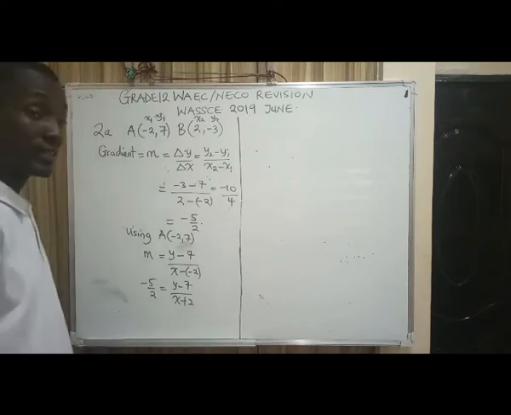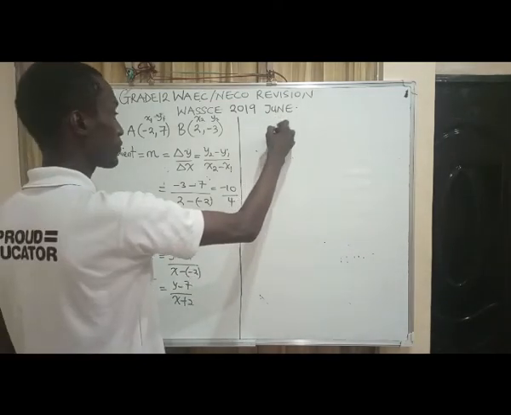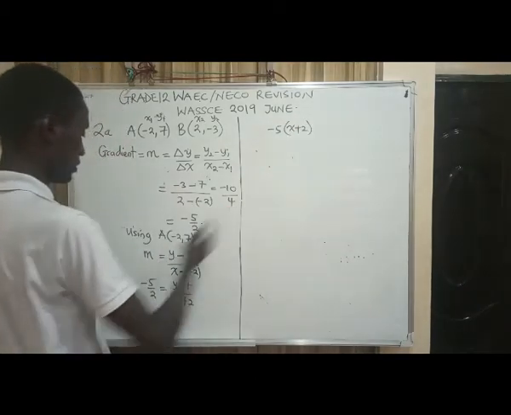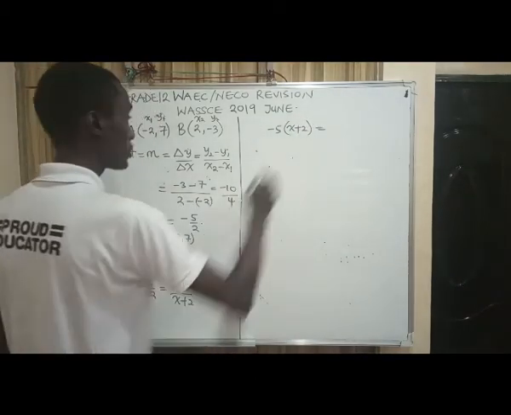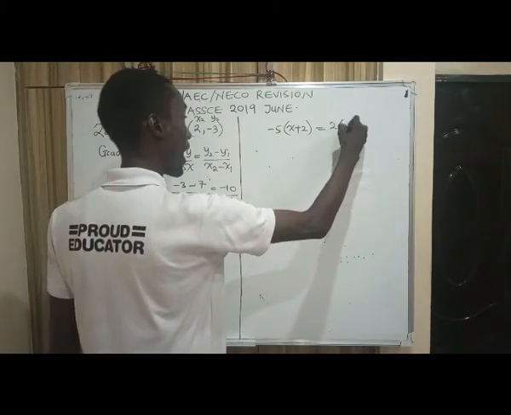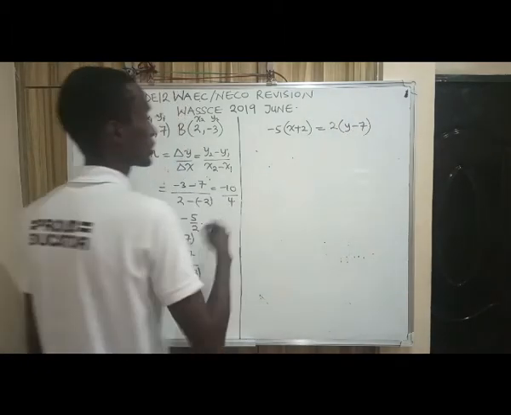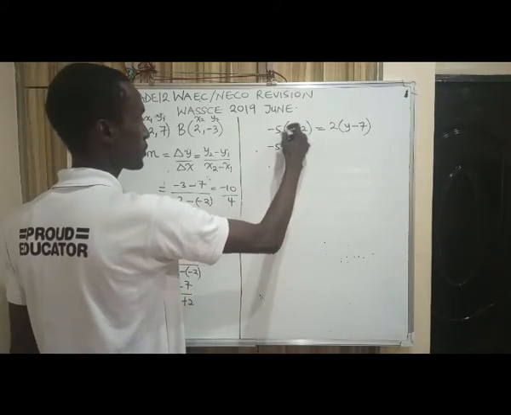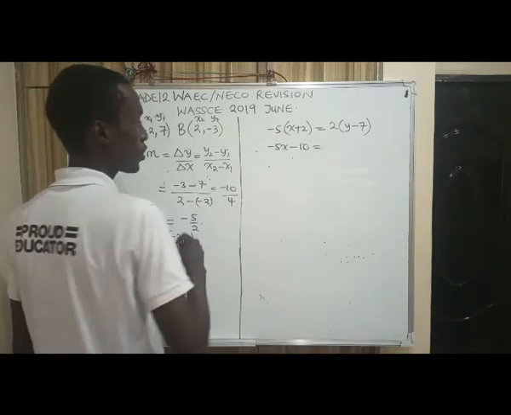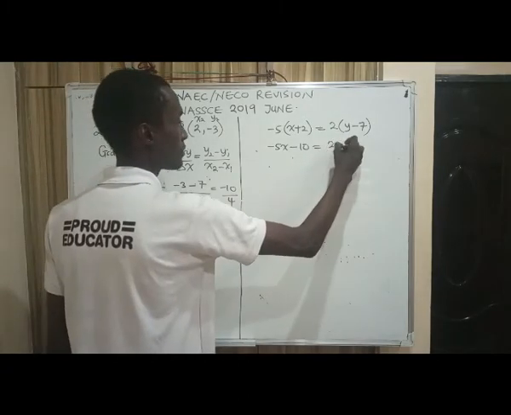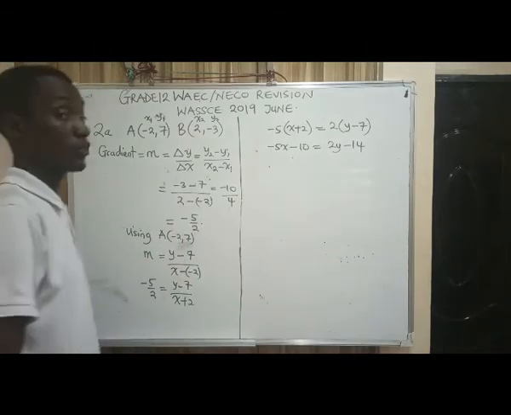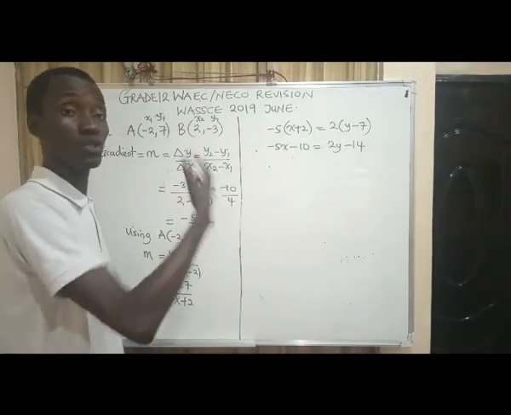So I'll simplify this. I'm going to have -5 into x plus 2 being equal to 2 into y minus 7. I open up the bracket. This will be -5x minus 10 equal to 2y minus 14. The next thing I'll do, I want to close everything to one side, which is usually the standard practice for solving questions like this.